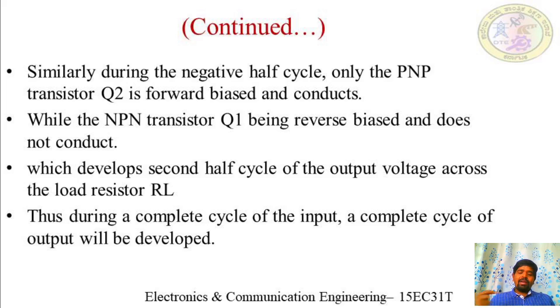The reason the complete input signal appears at the load resistance is the usage of push-pull configuration. That means one transistor conducts during the positive half cycle and the other transistor conducts during the negative half cycle. During a complete cycle of input, a complete cycle of output will be developed because of the contribution from the NPN transistor and the PNP transistor.